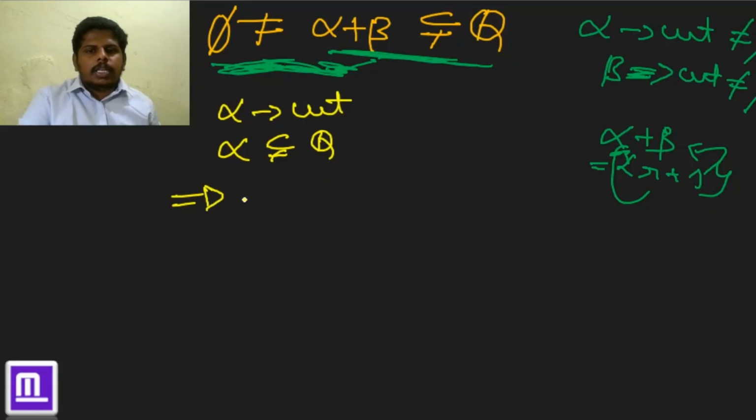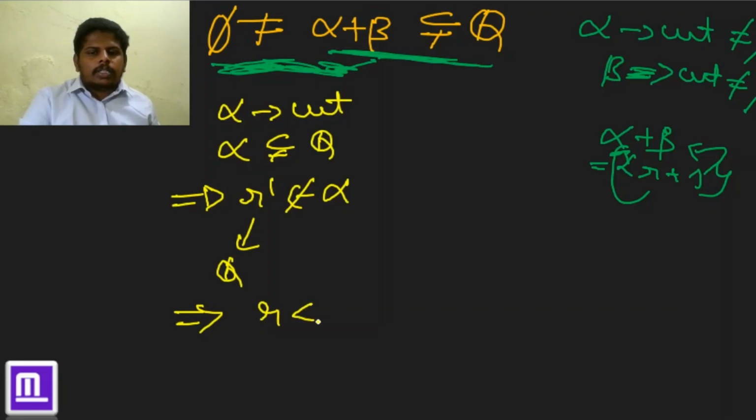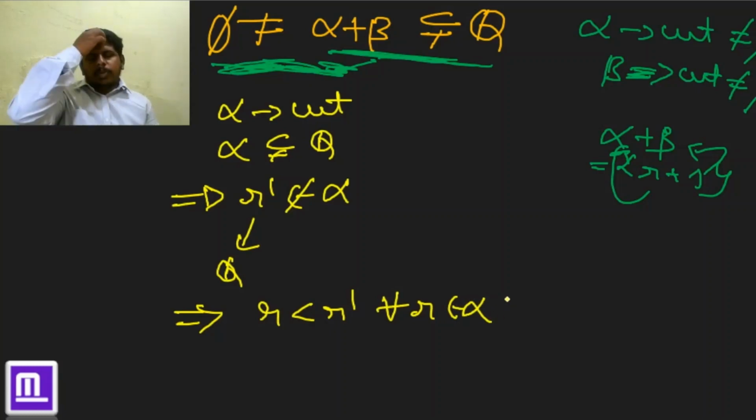This means there is an r dash which does not belong to alpha. This r dash is a rational number. That is, there is a rational number which is not in alpha. This means our r dash is greater than every element of alpha. So this is one of the properties.